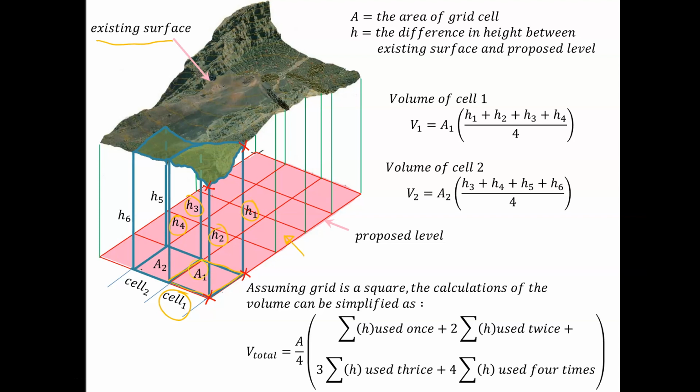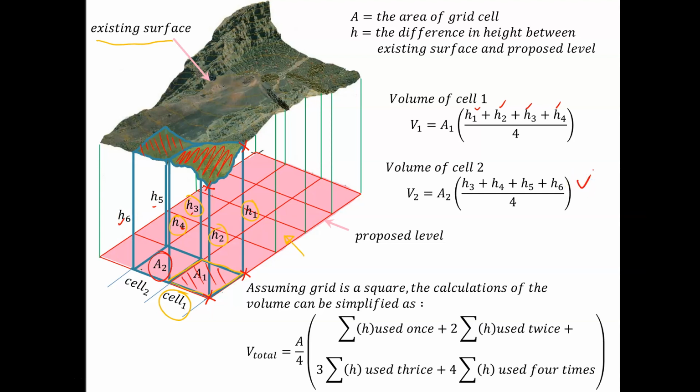To calculate the volume, we simply take the mean of all those differences, h1, h2, h3, h4, and multiply by the area. That will give you the volume of this cell. To get the volume of the next cell, you repeat the same procedure, but this time using h3, h4, h5, and h6, multiplied by the area given there.